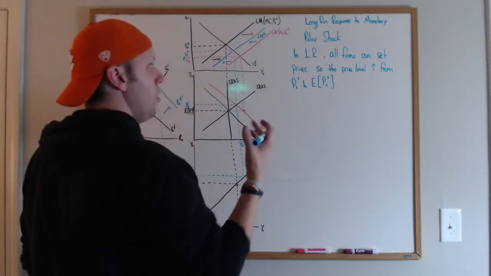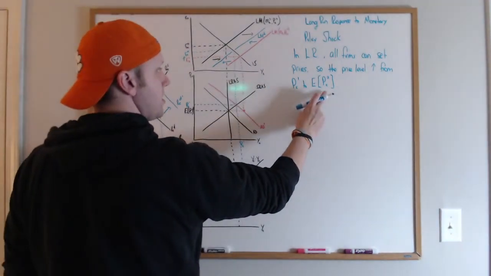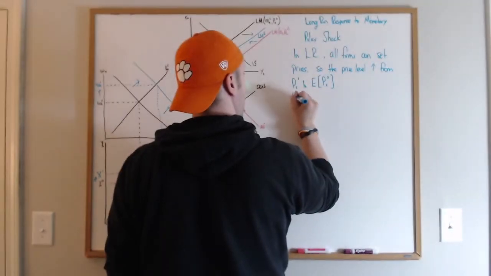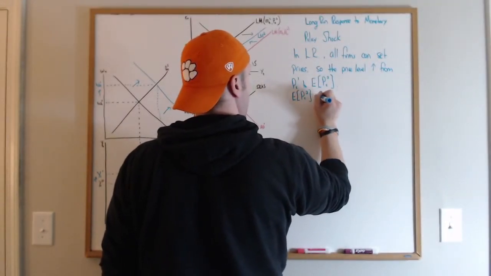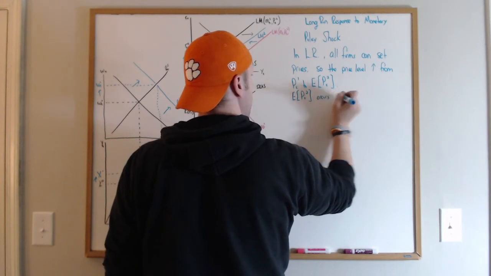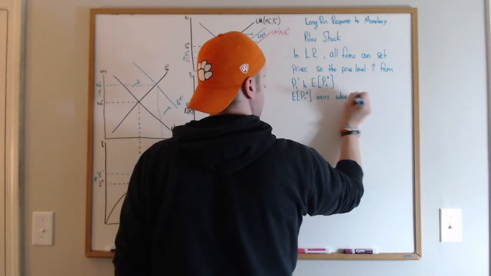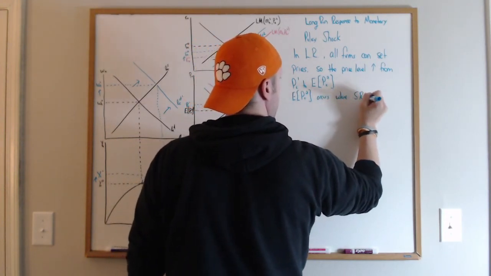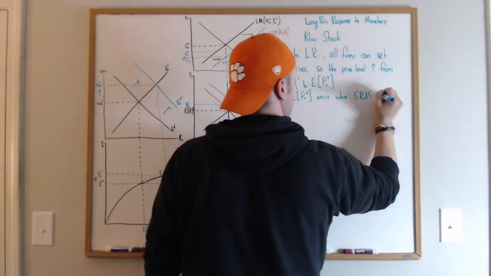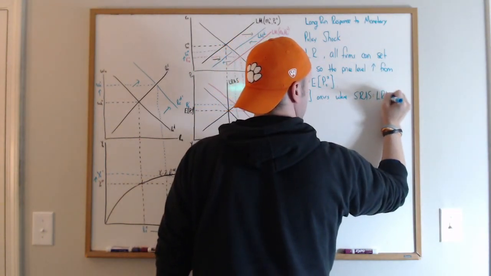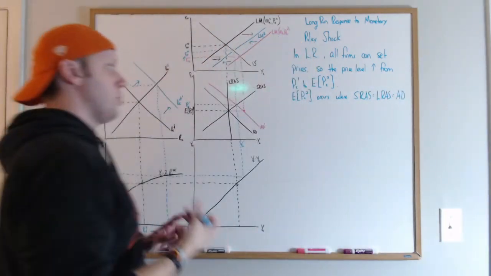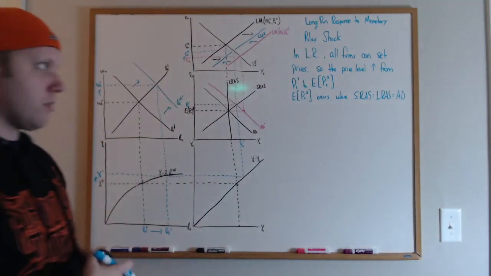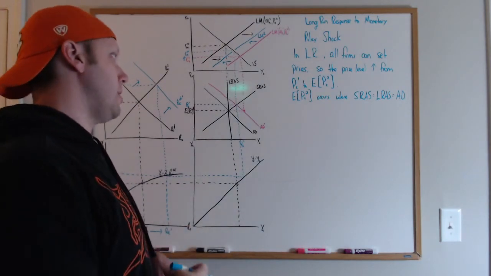Well, where does this occur? It occurs where short run aggregate supply equals long run aggregate supply equals aggregate demand.